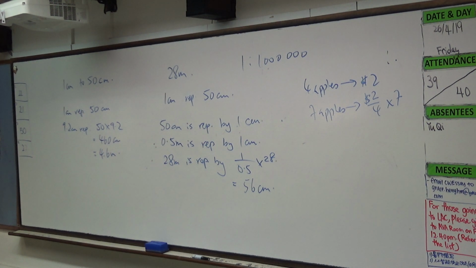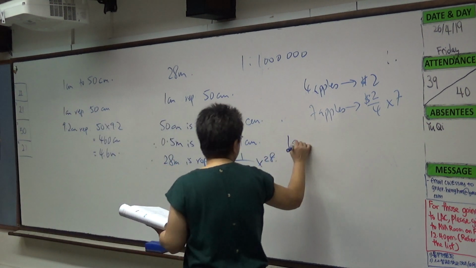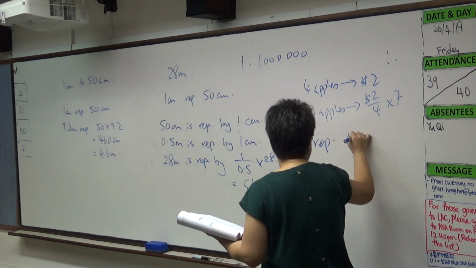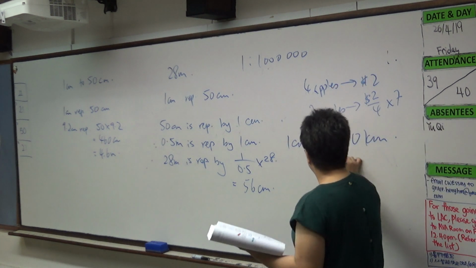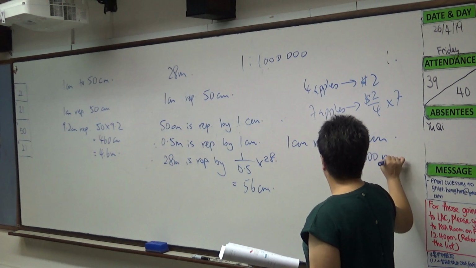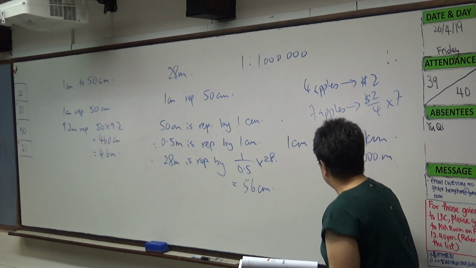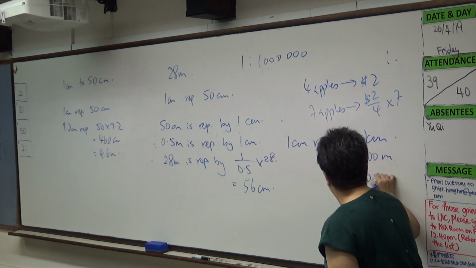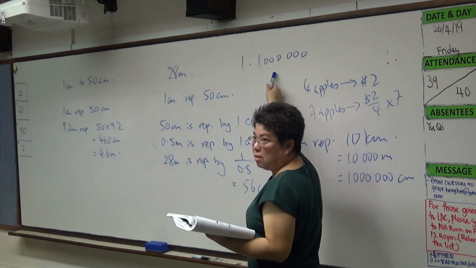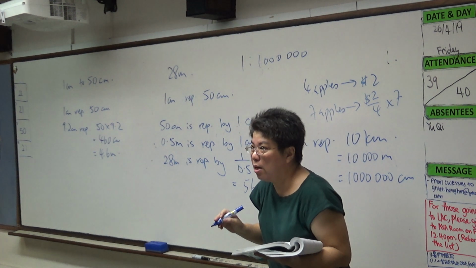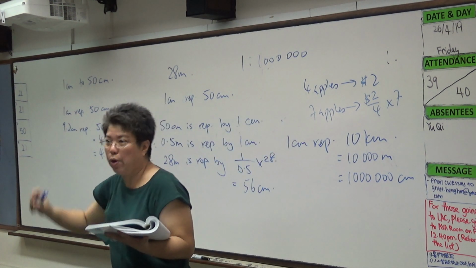From 0 to 10, do you get 1 cm? Yes. That means 1 cm represents 10 kilometers, correct? Because you look at the scale, it's kilometers. So even if I give you the bar, you should be able to do it.